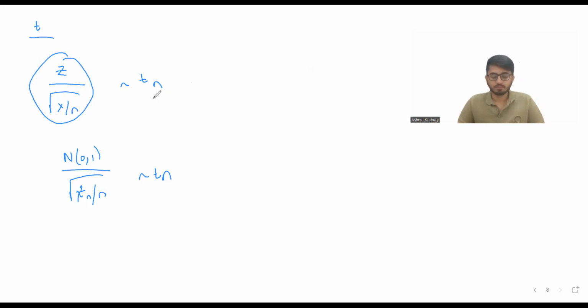And you can write parameter, with within brackets, degrees of freedom, small n. That is, the term Z divided by root over X by n follows a t distribution with n degrees of freedom. First point, right?